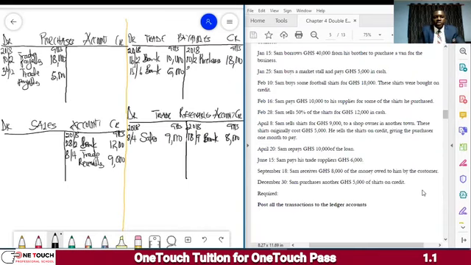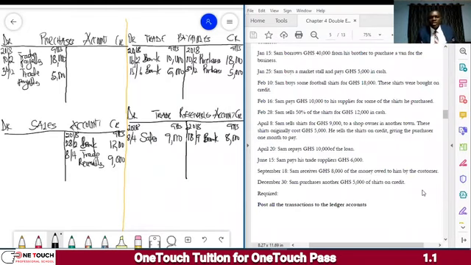On 30th of December, I have purchases. And the amount is 5,000. Good. So this is how transactions are recorded in the ledger account.